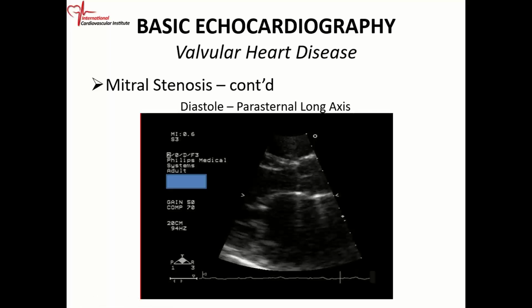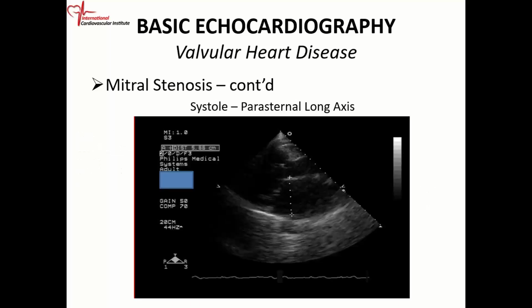That's a hallmark of rheumatic valvular disease. I don't want to say it's pathognomonic, but when you see it, it's like 99% sure it's rheumatic mitral valve disease. So it's the anterior leaflet configuration, that's because of commissural fusion.